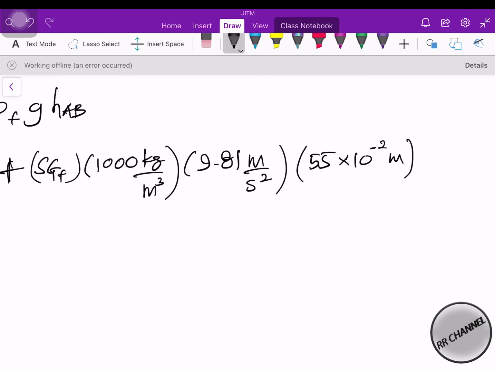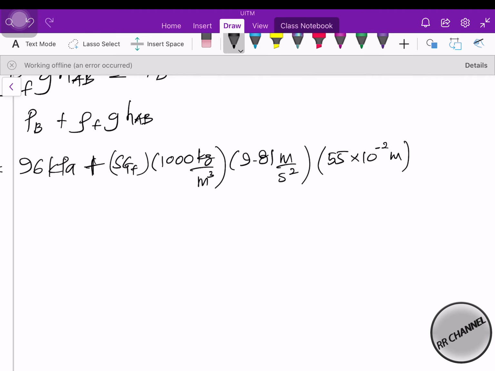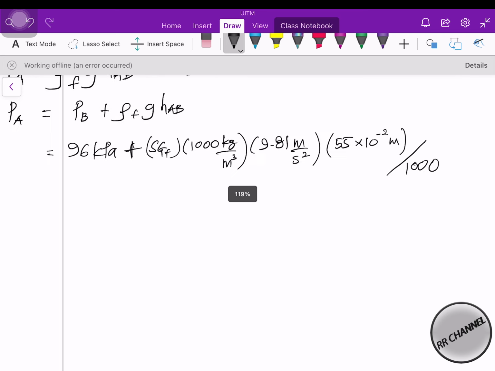This is your HAB, and then you divide by 1000 to convert the unit from Pascal into kilopascal.